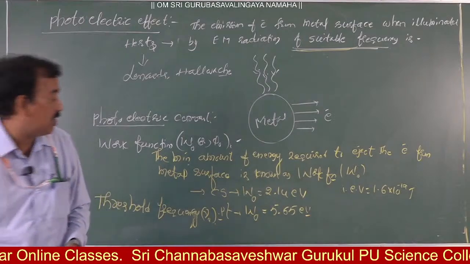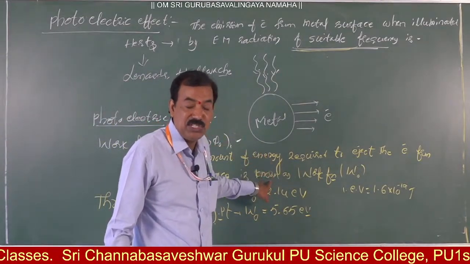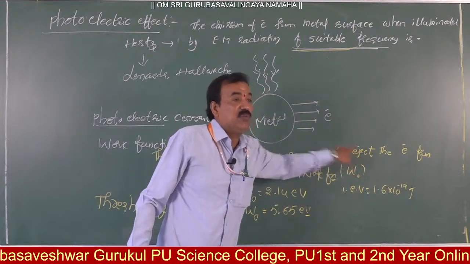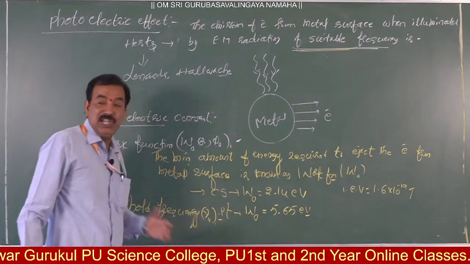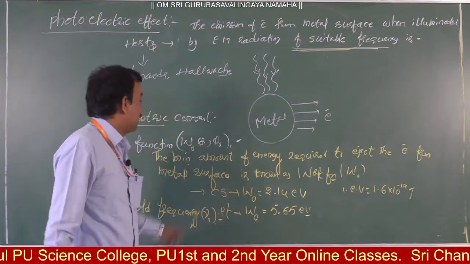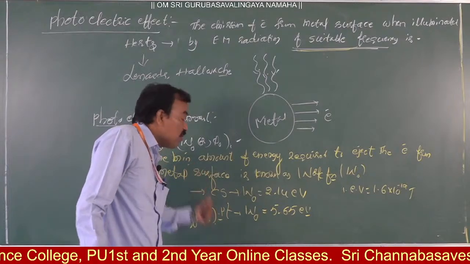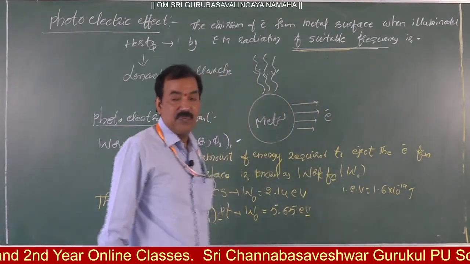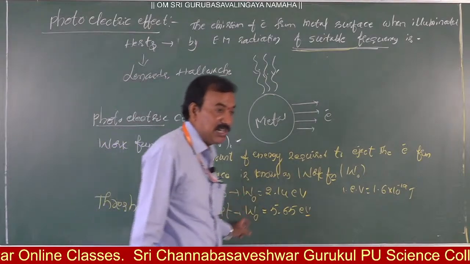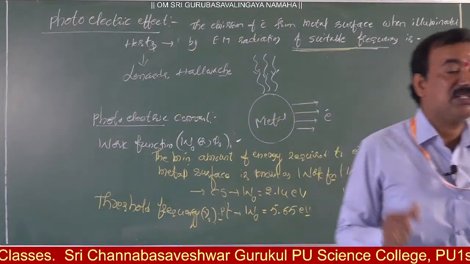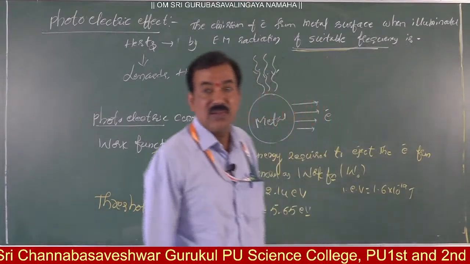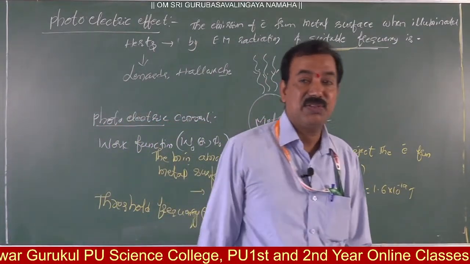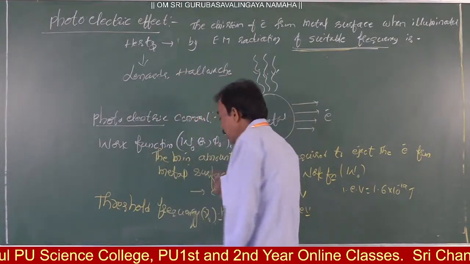So what is the actual definition? The minimum frequency of incident radiation required to eject the electrons from the metal surface is known as the threshold frequency.